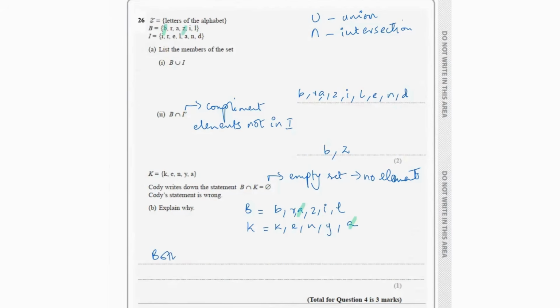Because if there was nothing in common, then yes, it's an empty set. But since the letter A is common between both of them, then it's not an empty set. B intersection K is equal to A then.